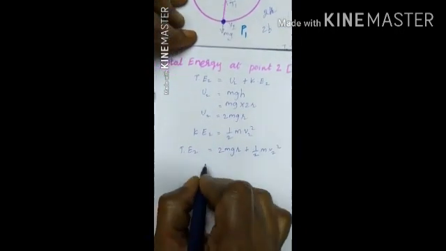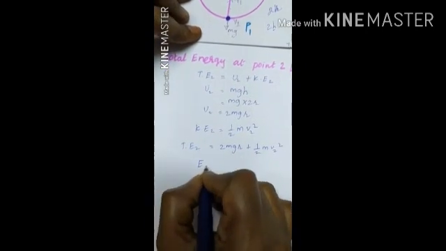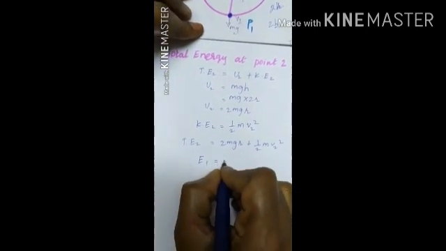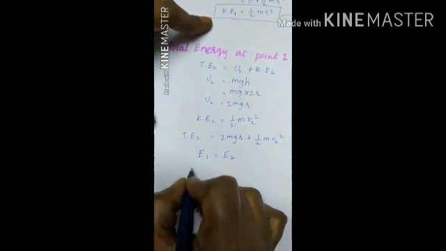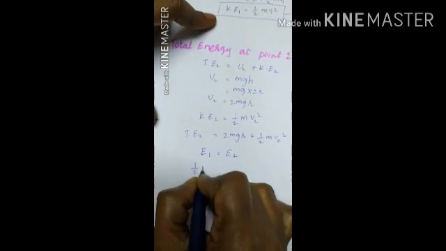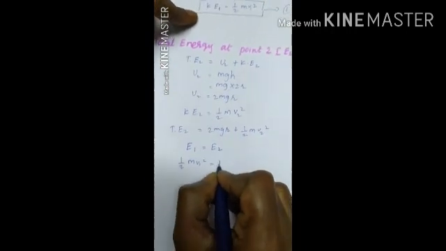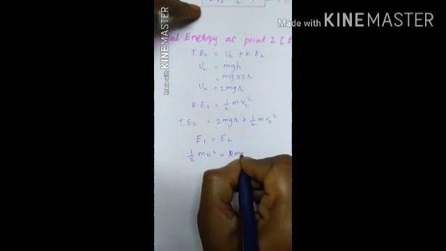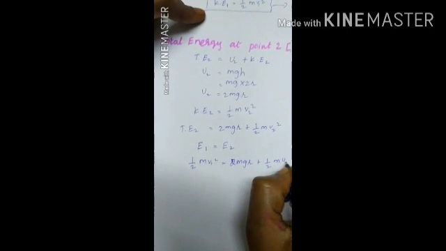According to the law of conservation of energy, total energy at the point 1 should be equal to total energy at the point 2. So 1 by 2 m v1 squared is equal to 2mgr plus 1 by 2 m v2 squared.